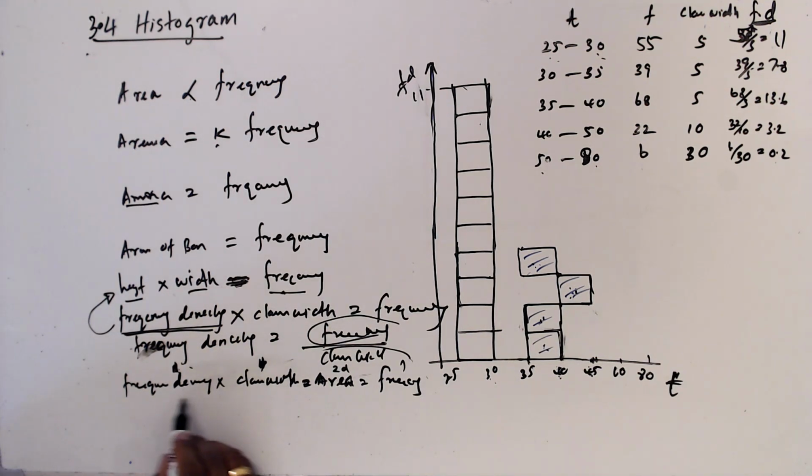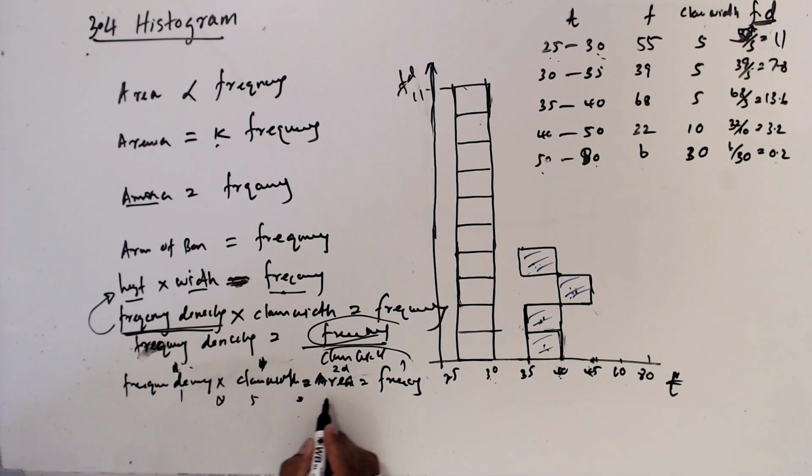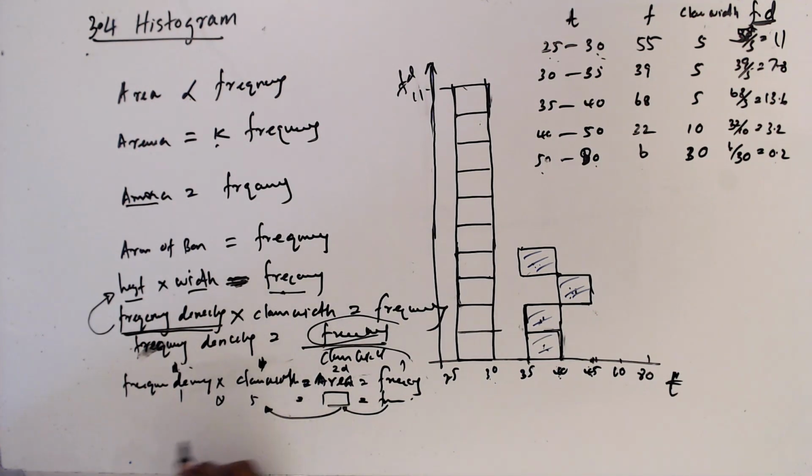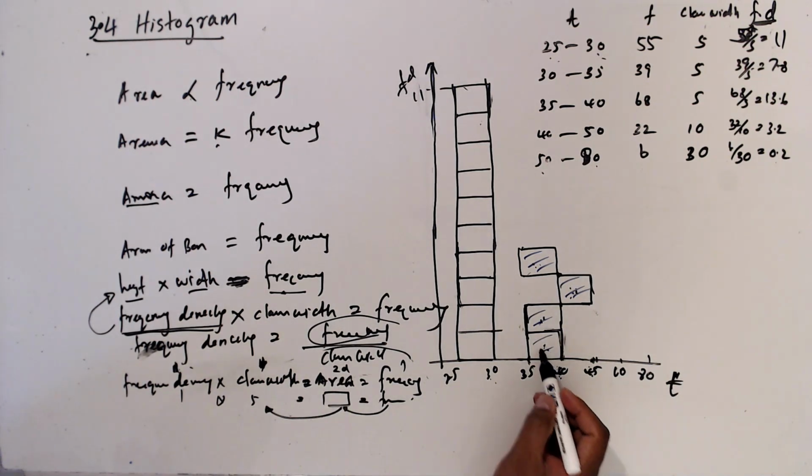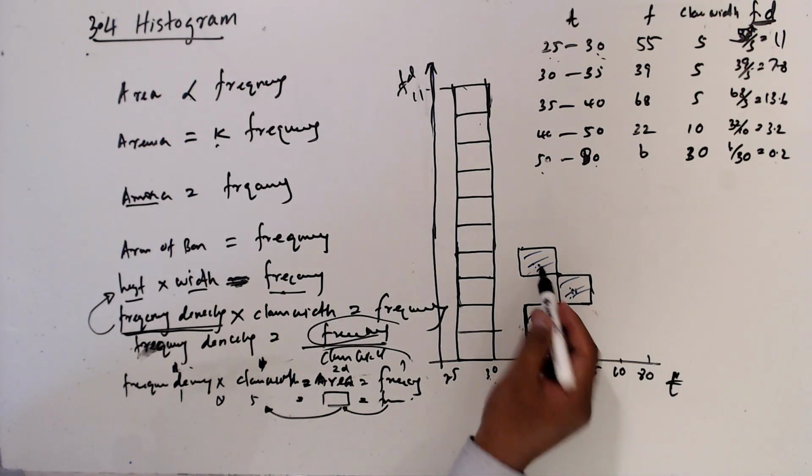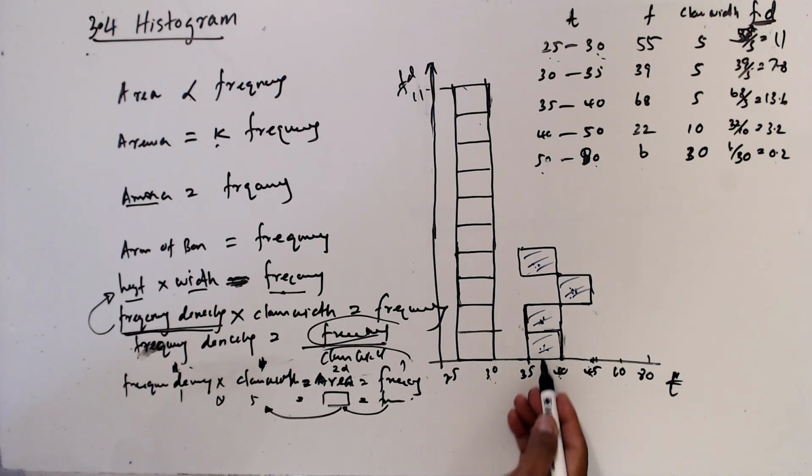So now 1 and 5 make the area. What is this area? 5. One box is 5. Then how many boxes? 5, 10, 15, 20. So they are talking about 20 frequencies.